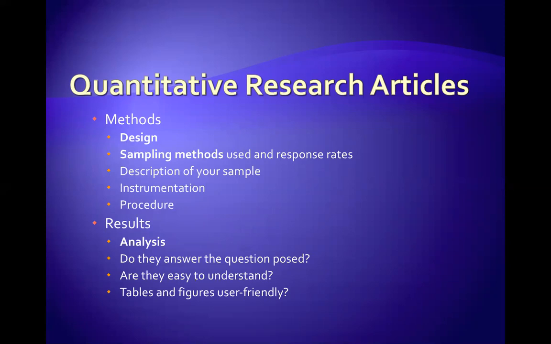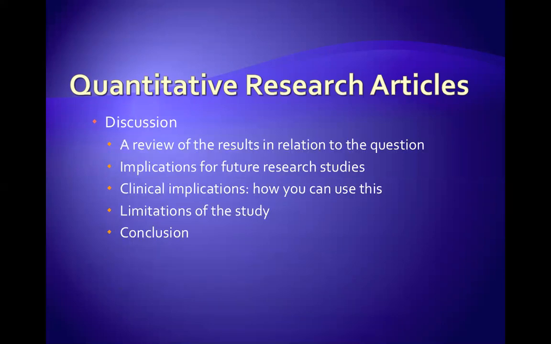The results are how they answered the question through statistical analyses. Tables and figures are all used, and then the discussion, which is the review of the results in relation to the question, and then implications for what future research studies could come out of that, limits of the study, and then a general conclusion.